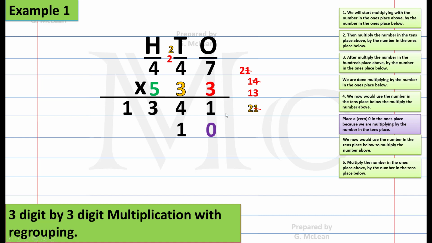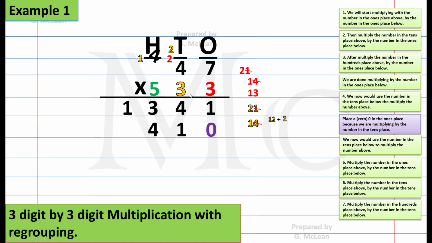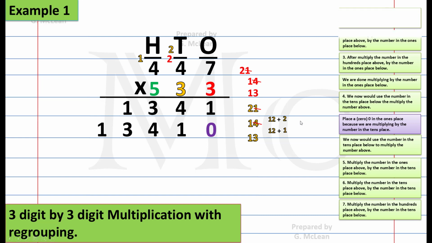Mark off the 1, place the 1, take the 2, carry the 2. 3 times 4 gives me, what? 12. Don't forget to add the 2 back, giving me 14. Bring the 4 down, carry the 1 over. Go to the end, 3 times 4, 12, plus the 1 over here, again, there we got 13. What do we do? No more numbers to multiply, bring it down.